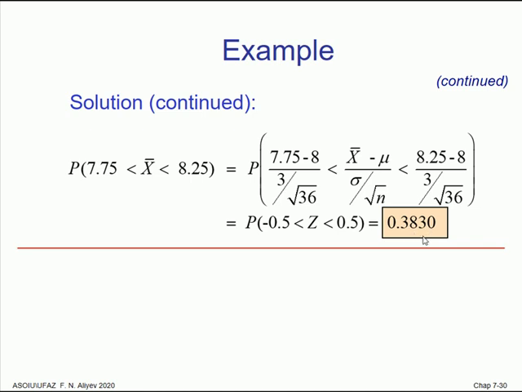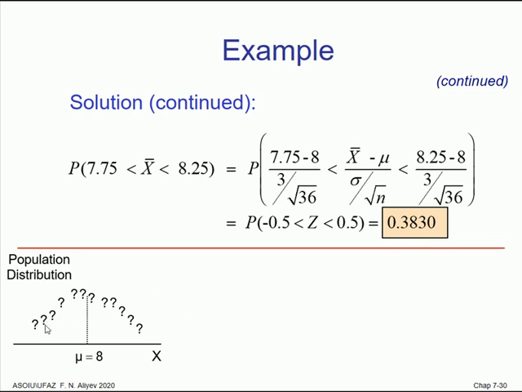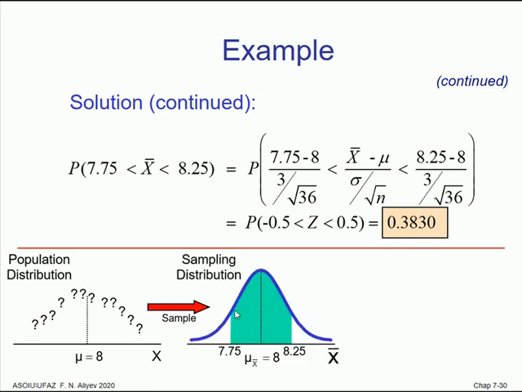So let's make a conclusion. Before, we have a population, and there is no information about it except mean and standard deviation. So we don't know how it's distributed. Population distribution unknown. We take from this population samples with size 36, all possible samples, and create the distribution of sample means.